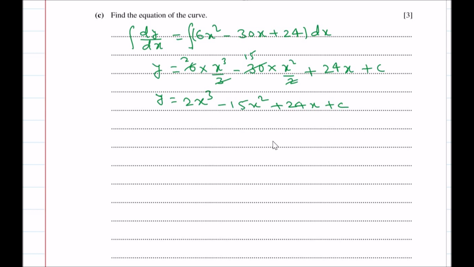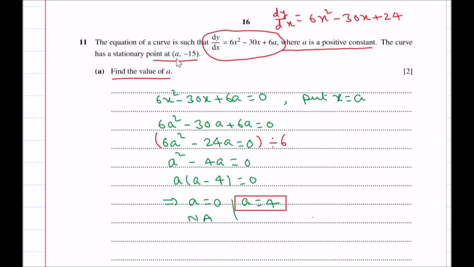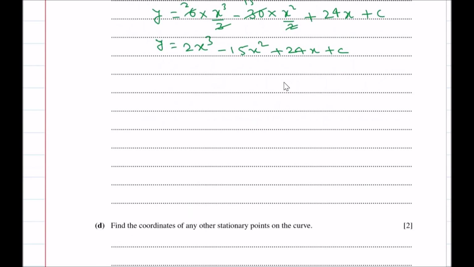Now we need to find the value of c, the constant. How do we find the value of this constant? We will substitute the x and y values, and you can see here the x and y values are given. A means a equal to 4, so 4 and minus 15, that we need to substitute there. X equal to 4, y equal to minus 15 from here. Let us substitute.